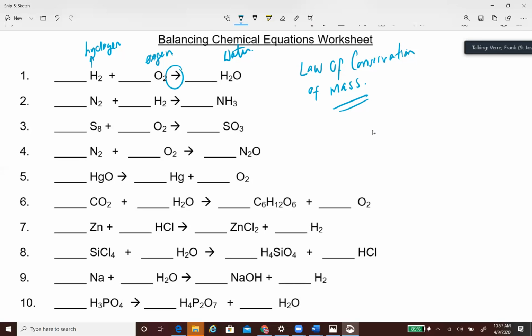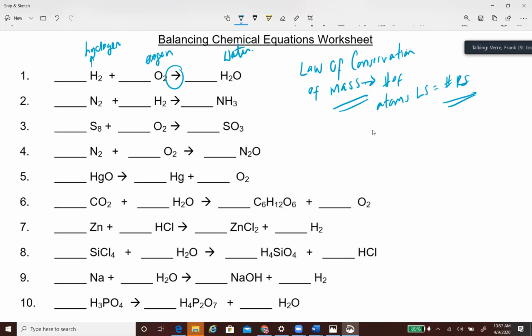Now, that simply just translates into this. The number of atoms on the left side equals the number on the right side. That's why we had to do the counting activity, because if you don't know how to count the number of atoms in the compound, then it's going to be very hard to know if it's balanced, all right?